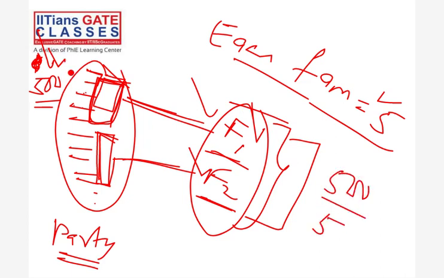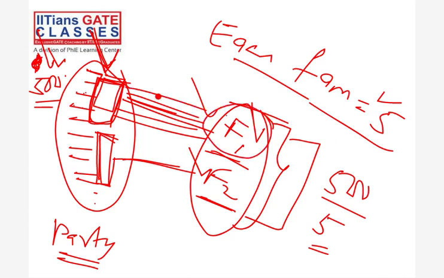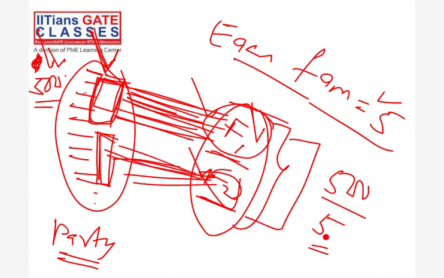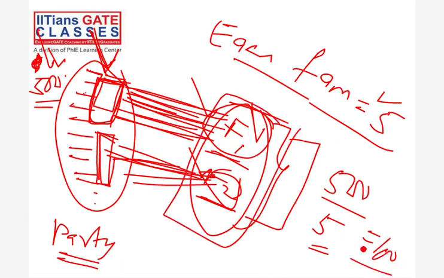Remember, 500 is the cardinality of that set, and 5 is the degree, because every element here is connected to 5 people. So finally, the cardinality of this set will be 100. This is our division principle.